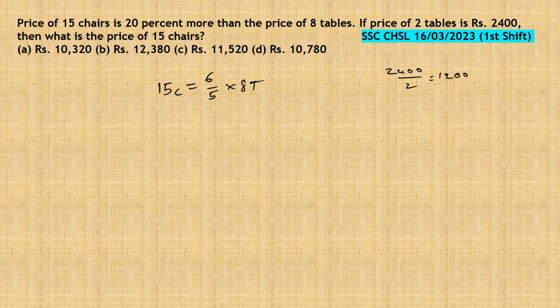Or you can do it here. 8 tables defines 4 pairs of chairs, that is 4 into 2400. You can write it here like that, or you can write 6 by 5 into 8 tables, that is 8 into 12. 12 8s are 96. 96 6s are 576. 57600 divided by 5.